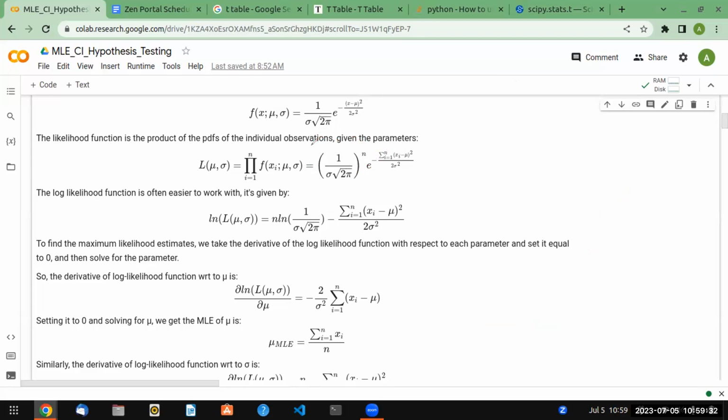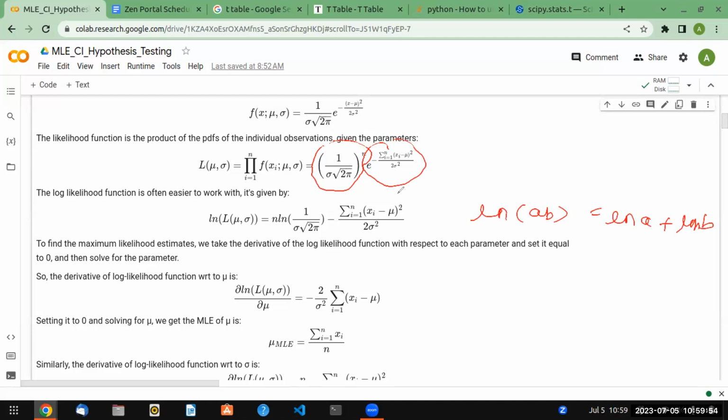Ln ab, what is the formula? Ln a plus ln b. This is the formula.